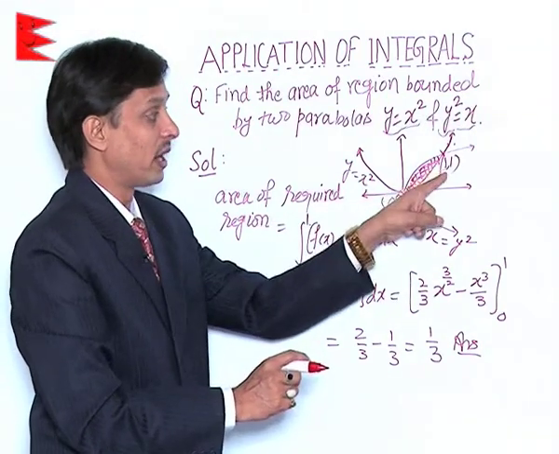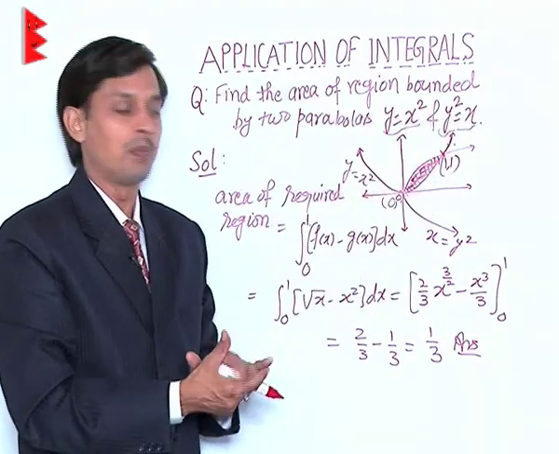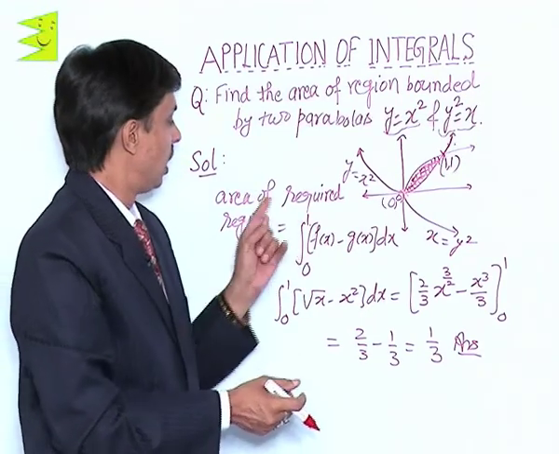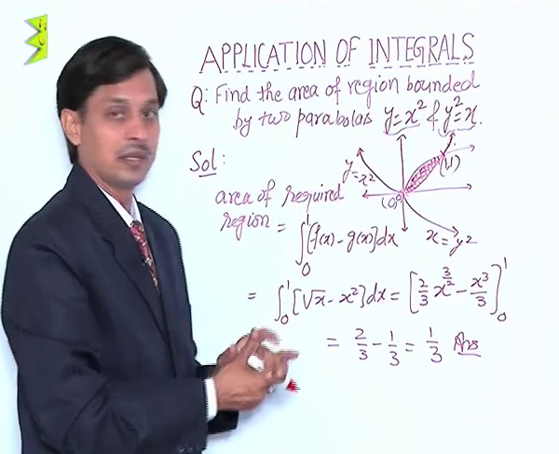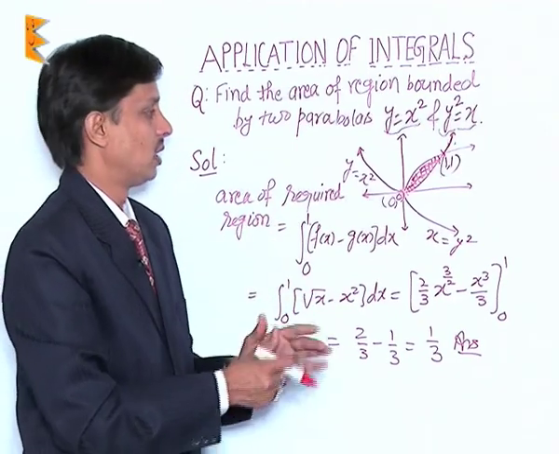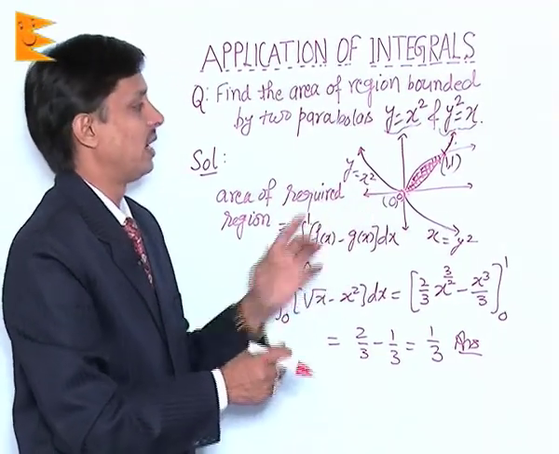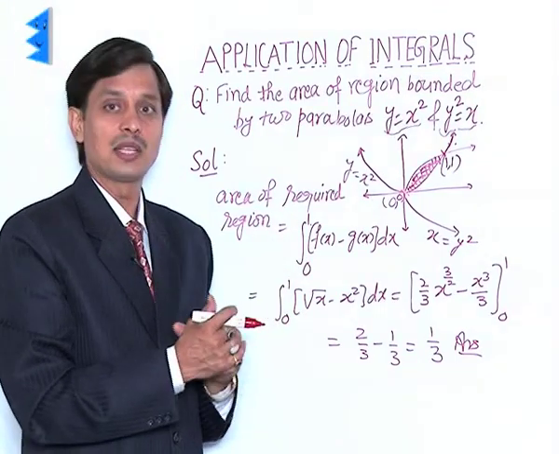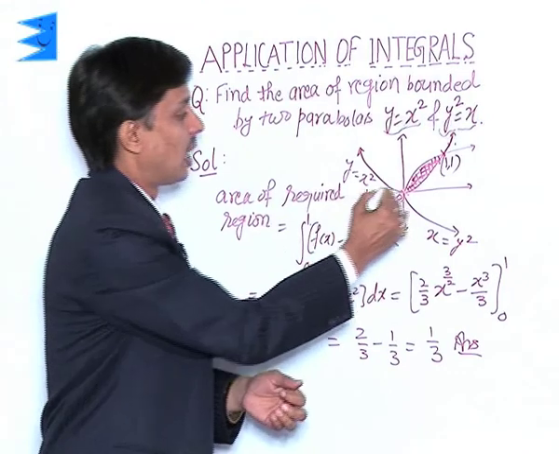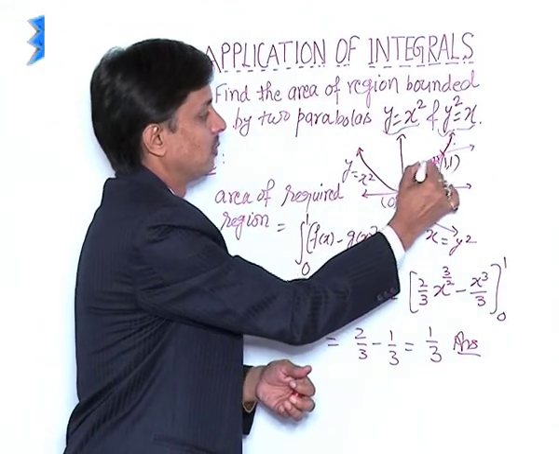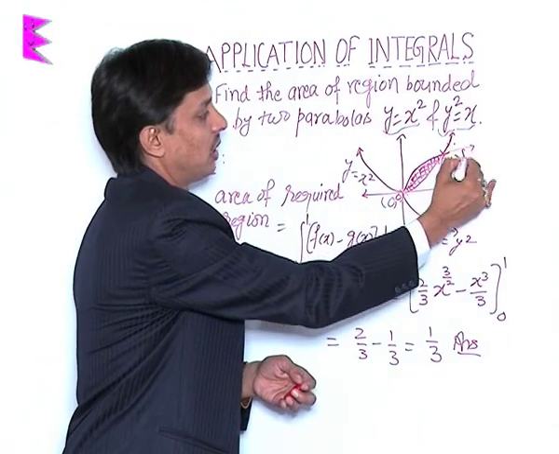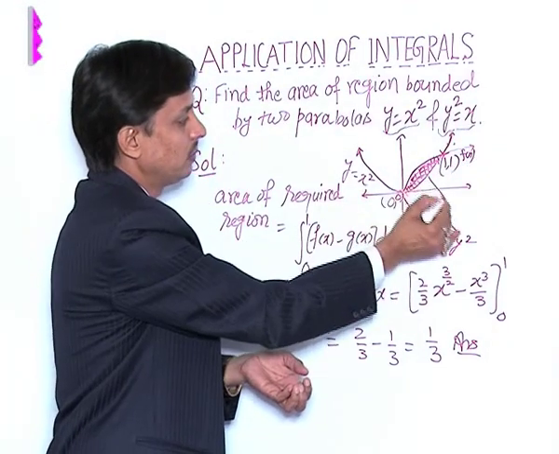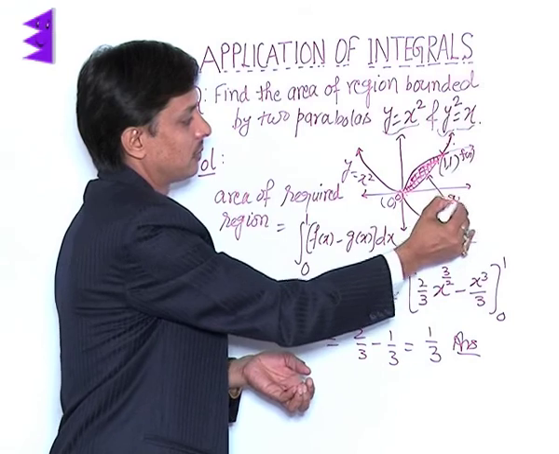So x equals to 1 and y equals to 1 is the common solution of both of these curves. Now what is the area of the required region? f(x) minus g(x). Now you will wonder what is f(x) and g(x). The upper curve, this parabola is f(x), and the lower one, this is g(x).